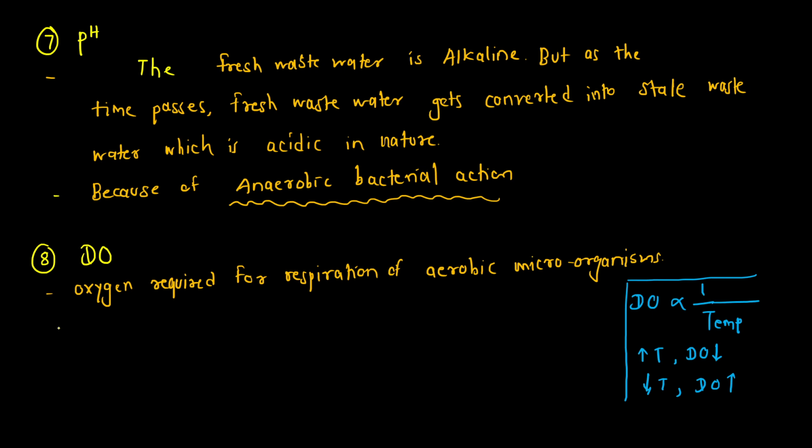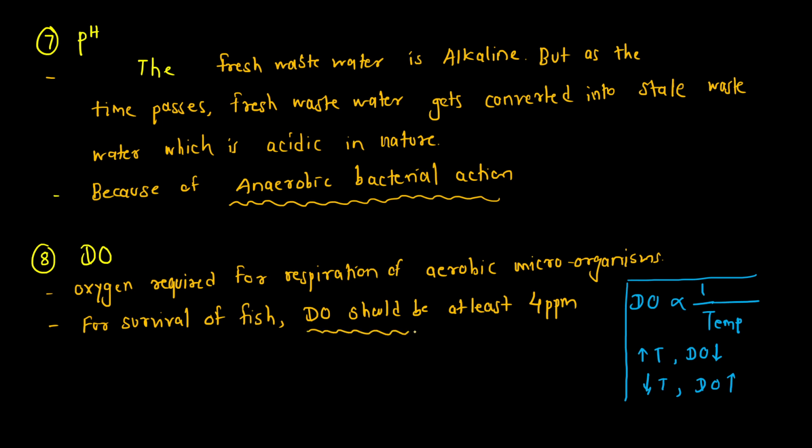Now, for the survival of fish, DO should be at least 4 ppm. This value is asked in the UPSC engineering services exam. For the survival of fish, what is the required amount of DO in water? It should be 4 ppm.